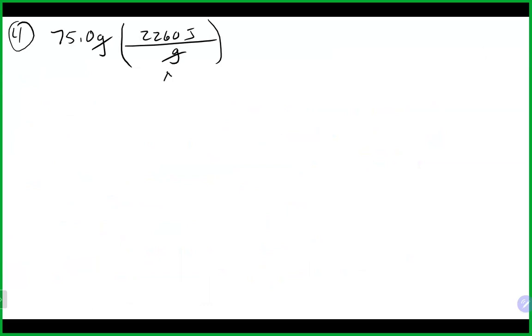So for number 4, we're going to take our 75 grams of liquid water at this point. We're going to use our 2260 joules per gram, which is our heat of vaporization, and we're going to multiply them here. We're going to get 75 times 2260, about 169,500 joules of energy required to do that transition.